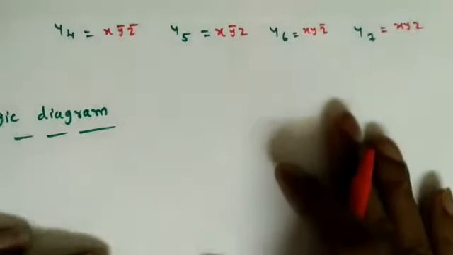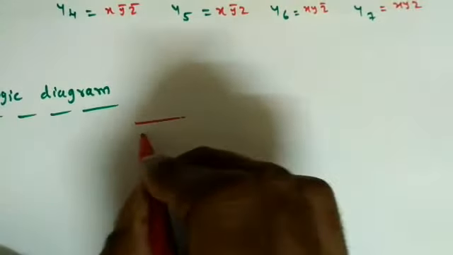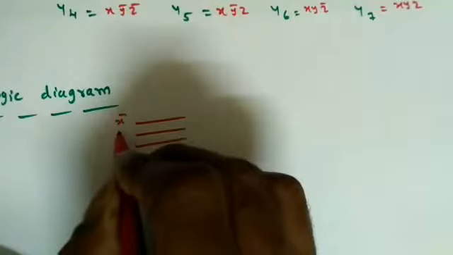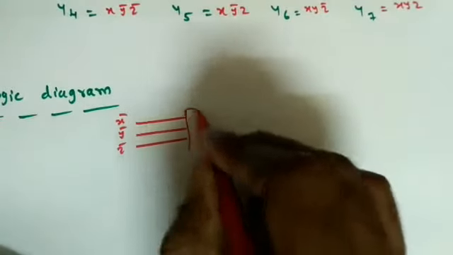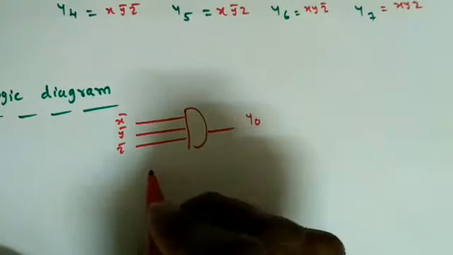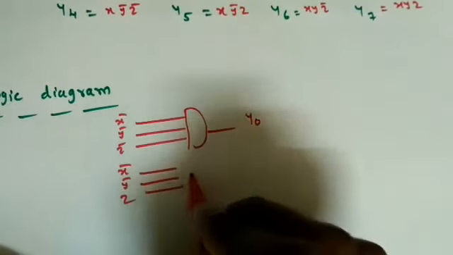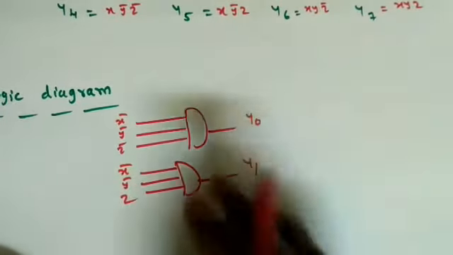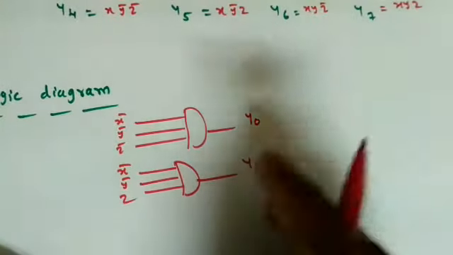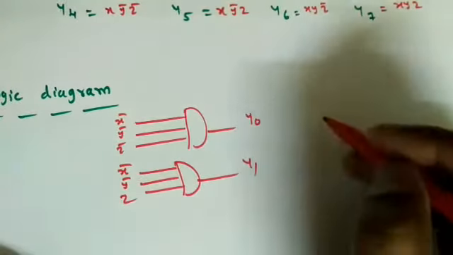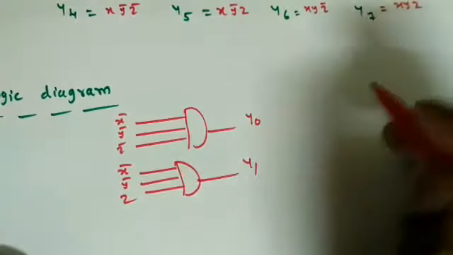So how is the logic diagram? The first one I am taking directly, that is X bar, Y bar, Z bar, AND gate. This is Y naught. Next one is X bar, Y bar, Z, so X bar, Y bar, Z, AND gate. You can write it as we have designed for this 2 by 4, so X and complement, Y and complement, Z and complement.